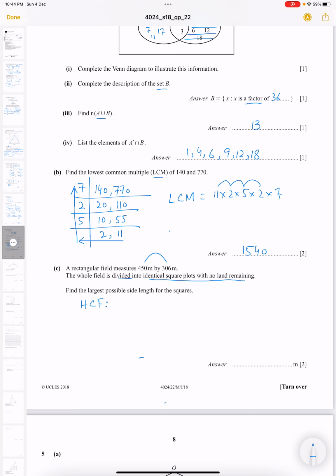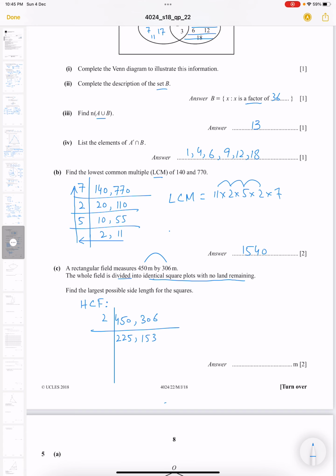Again, we'll find out HCF by prime factorization. 450, 306. In this kind of prime factorization, we divide the numbers until both numbers have no common divisor. Since here both numbers can be divided by 2, let's write down 2, and we get 225 and 153.